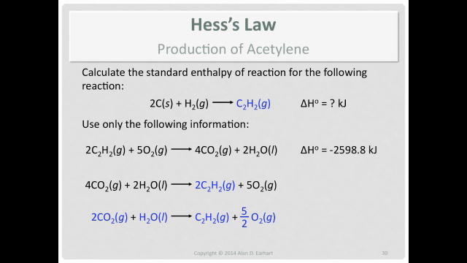Then, as to the enthalpy change, I see that I reversed the reaction, so I have to take the given value originally, minus 2598.8 kilojoules, and change the sign to a positive because I reversed the reaction. And then, after I did that, I took half as much stuff. So then I take the standard enthalpy of reaction and multiply it by 1/2 to get the value.